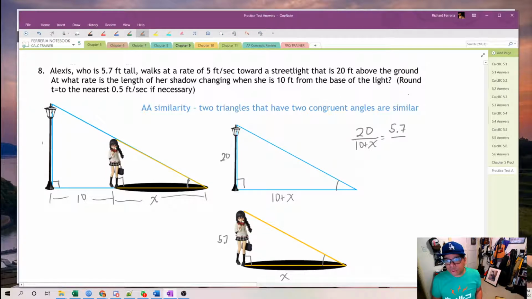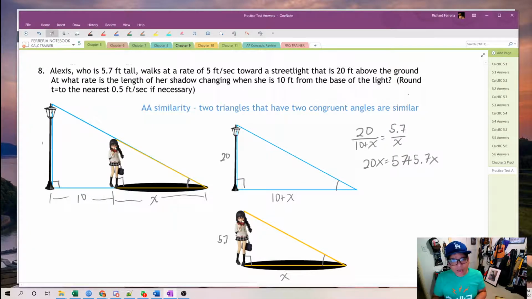And those two ratios are equal to each other because the triangles are similar. Okay, so now we have our equation almost. Maybe we should do a little bit of multiplication to get an equation without denominators, a non-rational equation.